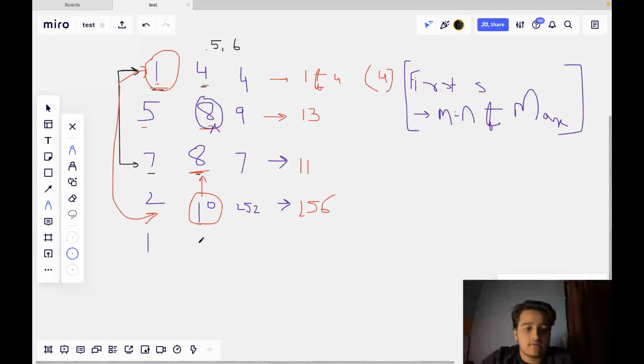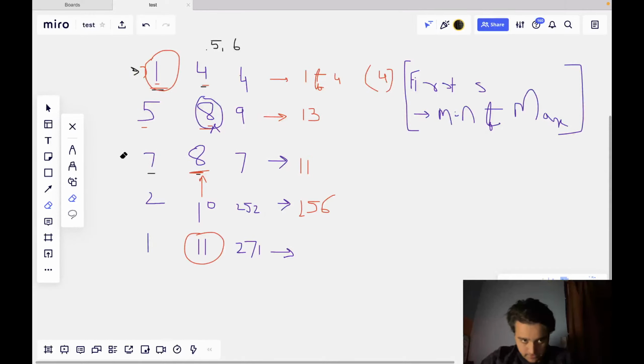Now the fifth case is 1 to 11 with 271 coins. What is the minimum till now? The minimum till now is 1. What is the maximum till now? The maximum till now has been updated to 11. So you have to observe this: the minimum is 1 and the maximum is 11, so I need not buy the first segment now.